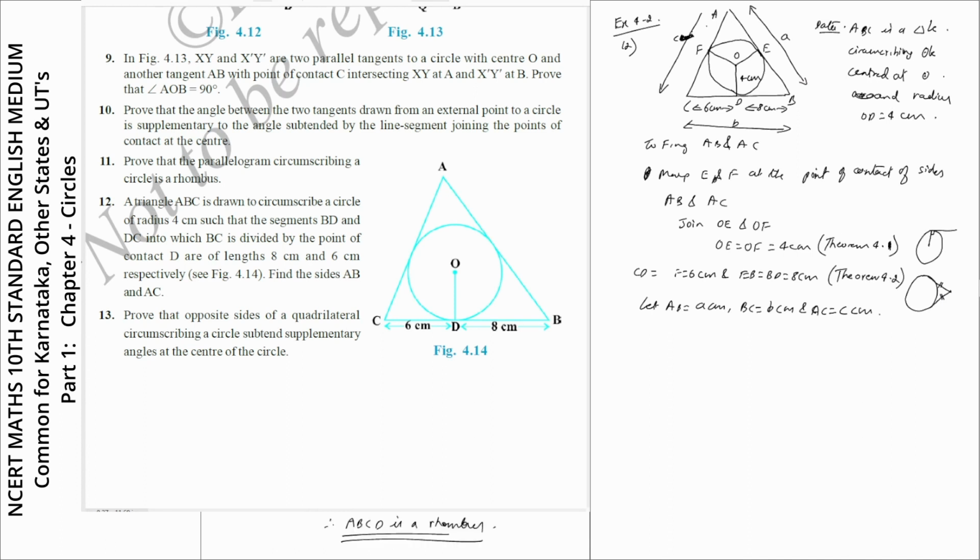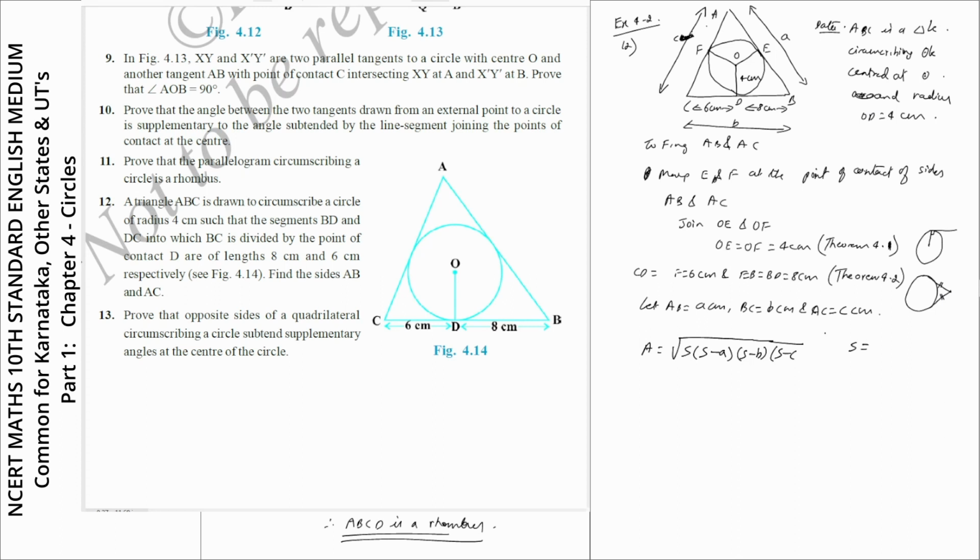Now according to Heron's formula, the area of a triangle is given by square root of S into S minus A, S minus B and S minus C, where S is the semi-perimeter.